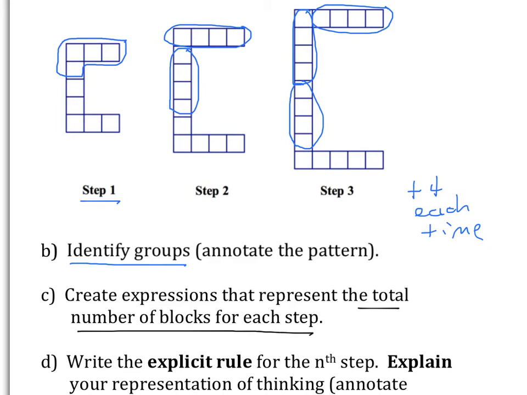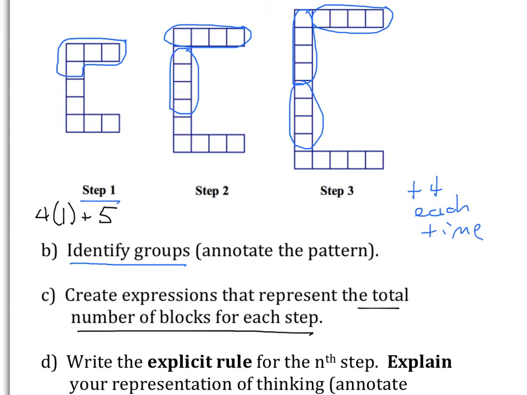Okay? In step 1, I have one group of 4 blocks and 5 uncircled. In step 2, I have two groups of 4.